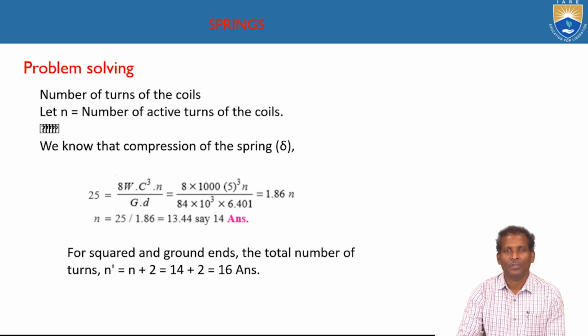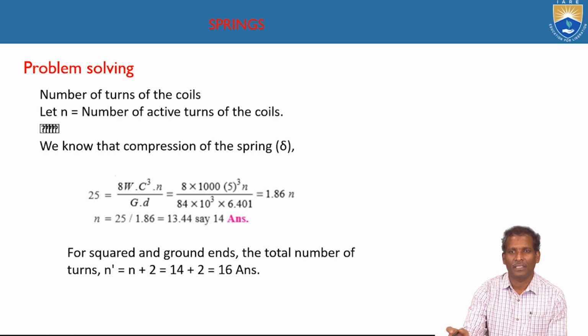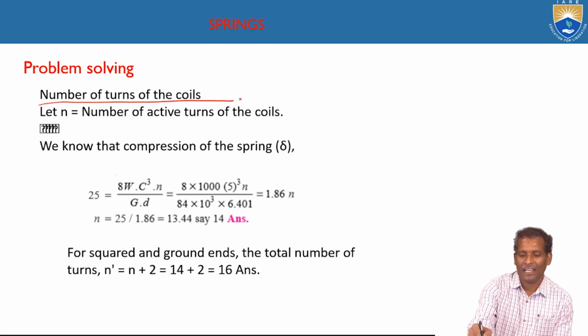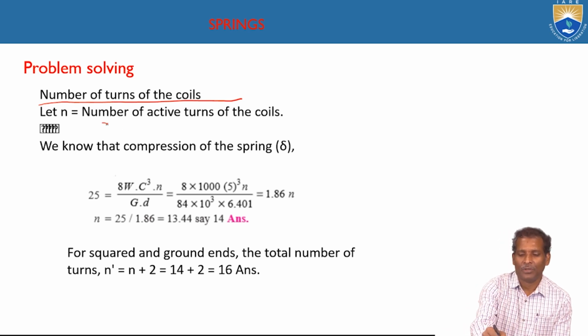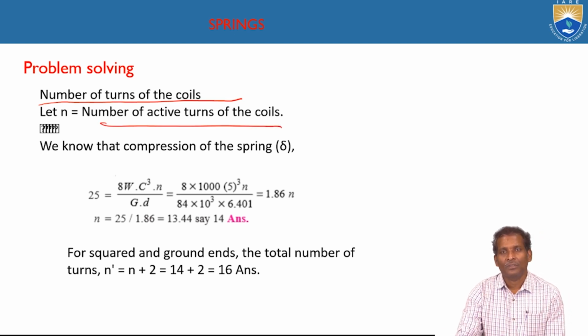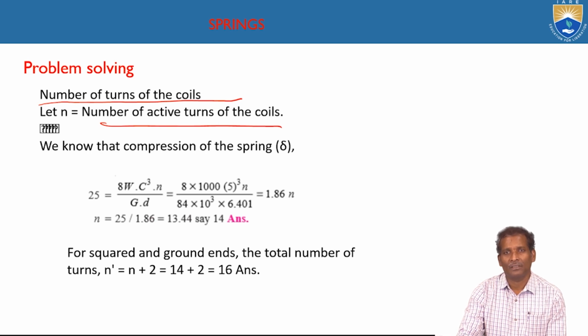Now we need to calculate the number of turns of the coil, n dash, but let n be the number of active turns of the coil. The number of turns and the number of active turns are different.